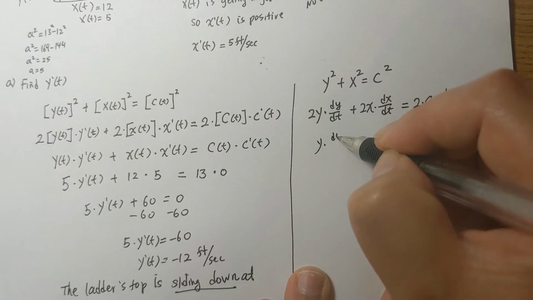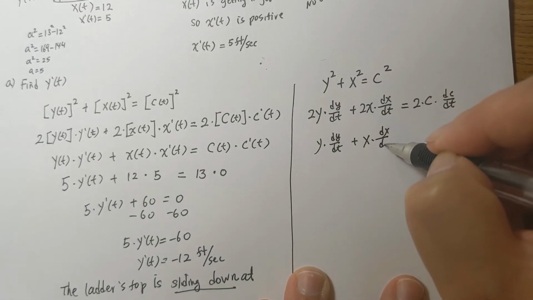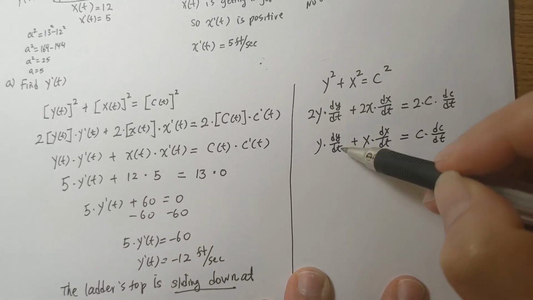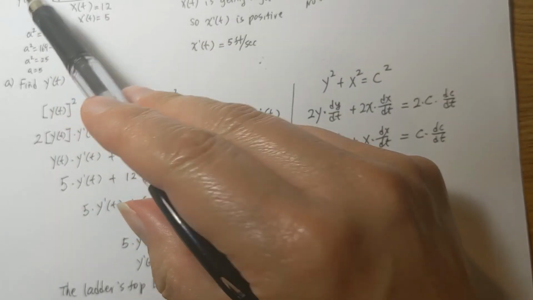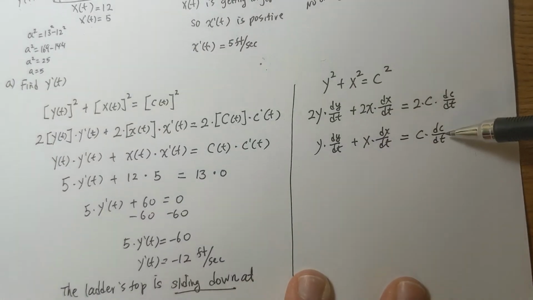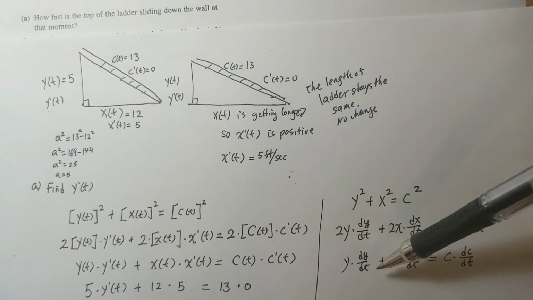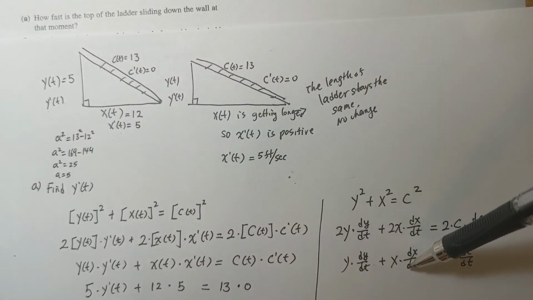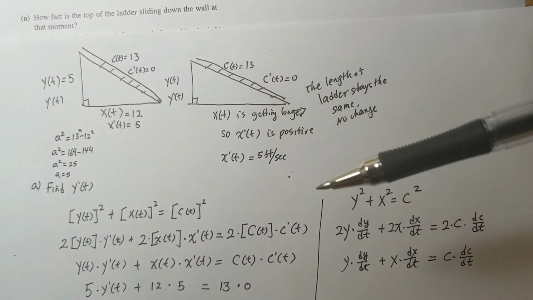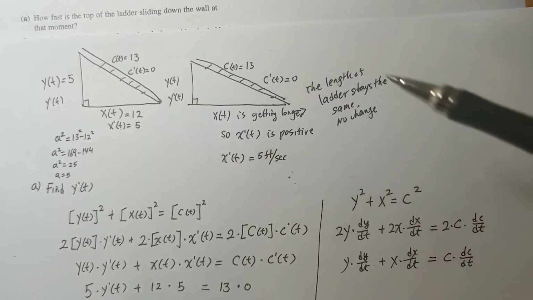So you get y times dy/dt, plus x times dx/dt equal to c times dc/dt. So dy/dt is y prime, dx/dt will be x prime, and dc/dt will be c prime. One more time, dy/dt is y prime, dx/dt is x prime, and dc/dt is c prime. We reviewed this concept in video number 1.